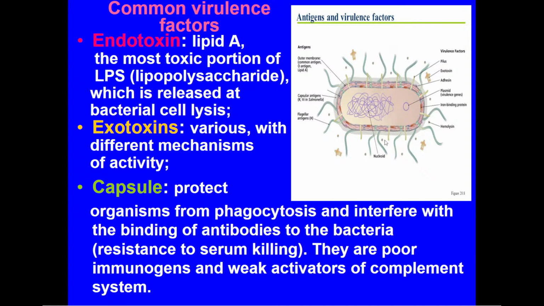Then the capsule. It is recognized as a virulence factor because it prevents phagocytosis and interferes with the binding of antibodies to bacteria. For example, some capsules can be poorly immunogenic and won't even cause antibody production.